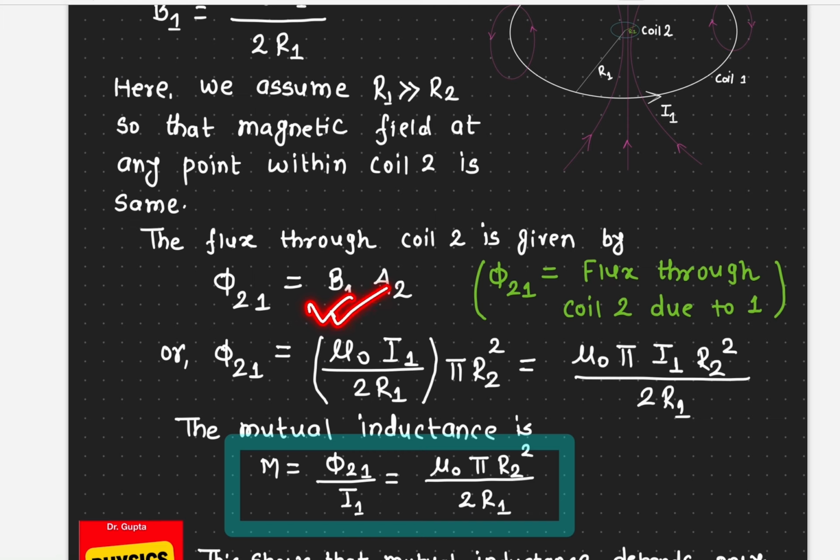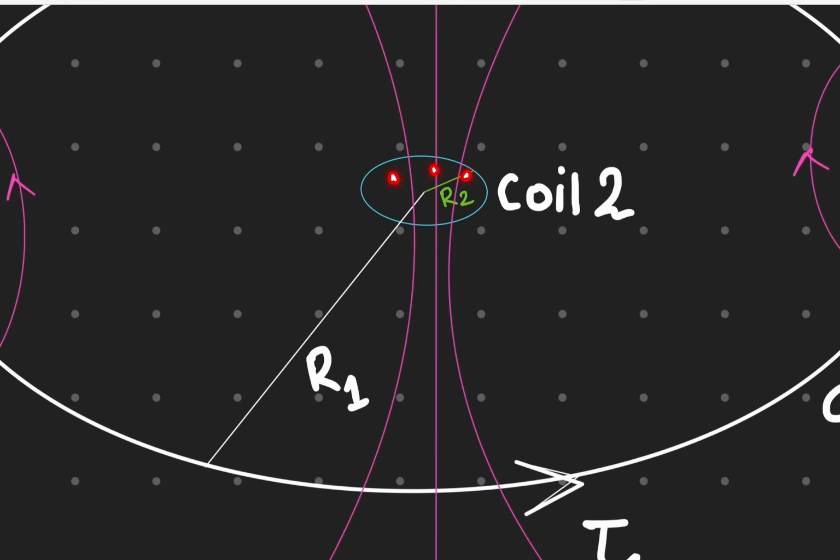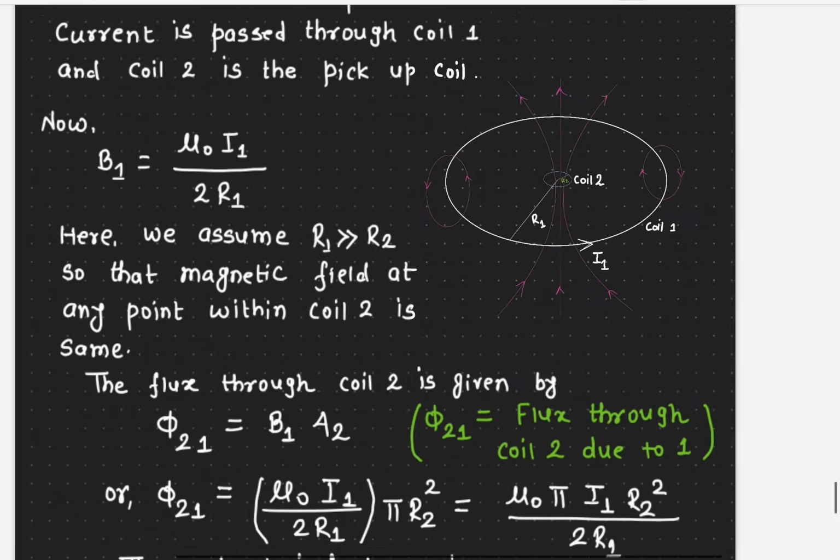This magnetic field is at the center of the first coil, and if we assume that the radius of coil 2 is much smaller compared to R1, then at any point within this coil there will not be much change in the magnetic field. That's the reason we assume the radius of coil 2 is much smaller than coil 1.